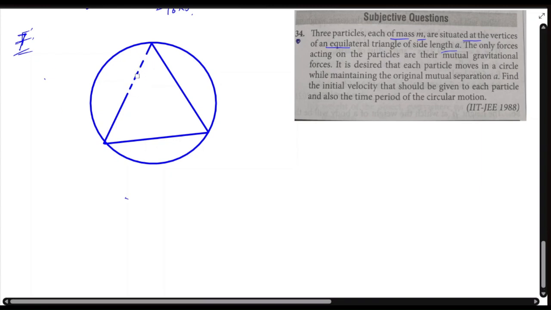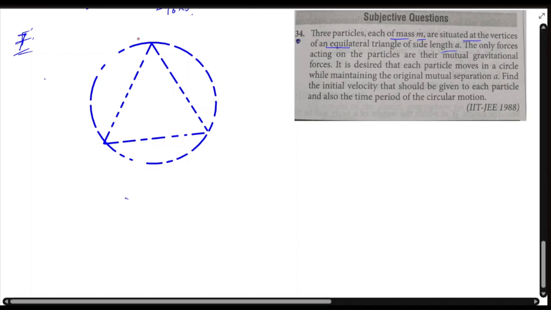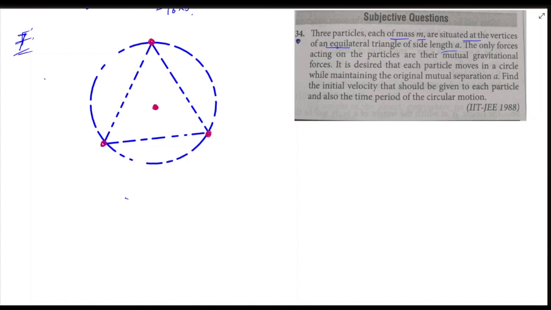Let me just rub this. This just represents the path and the distances. Now this is our first particle, this is our second, and this is our third particle, right? And this will be the center of this circle.